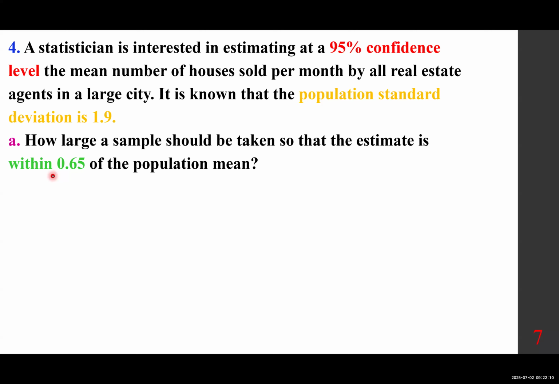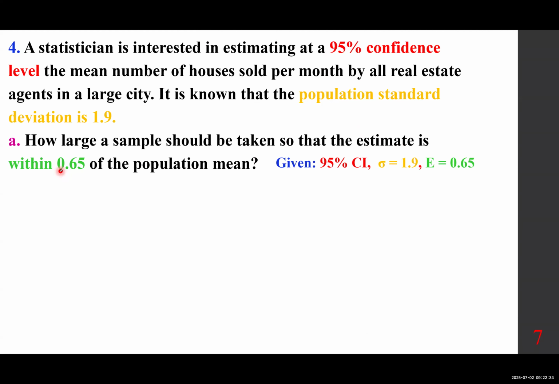First and foremost, you need to read this a couple of times and write the given symbolically. So what is given? 95% confidence interval, population standard deviation sigma is 1.9, and we want the estimate E to be within 0.65, so E is equal to 0.65.